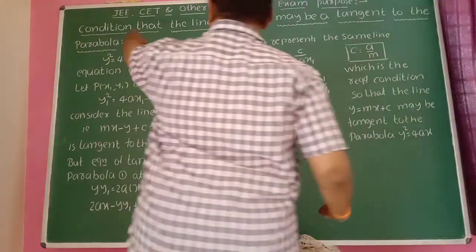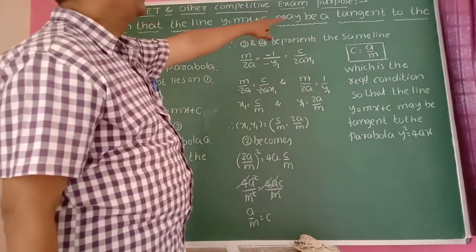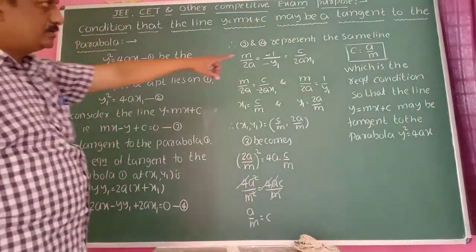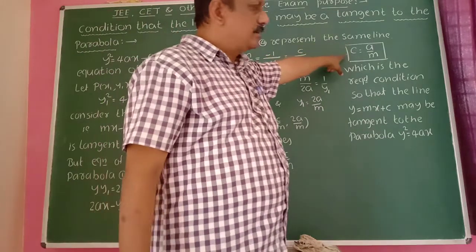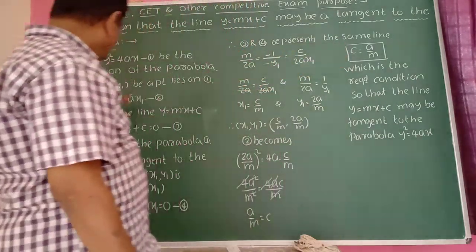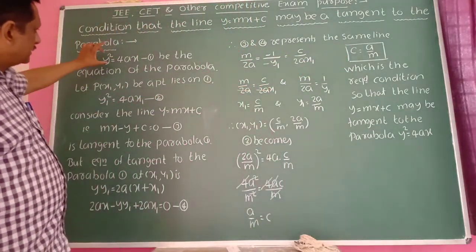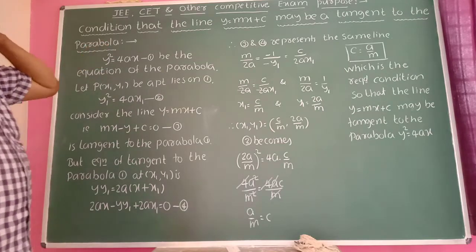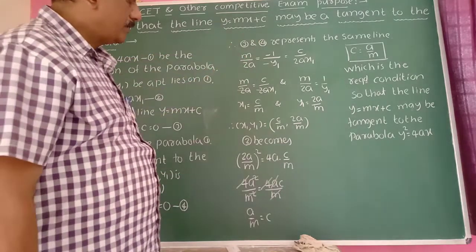Okay. So this is the condition that the line y equal to mx plus c may be tangent to the parabola. If this condition is satisfied, then only this line is a tangent to the parabola. And you already proved c is equal to a upon m here.